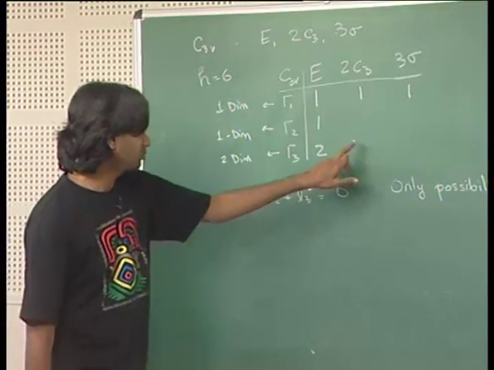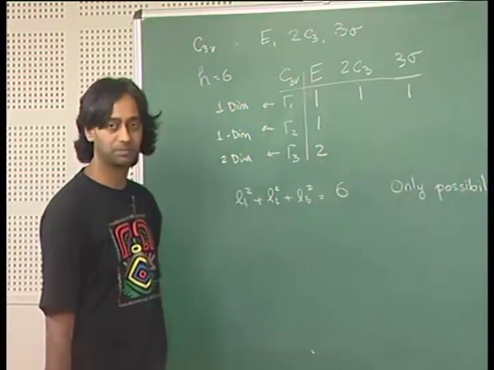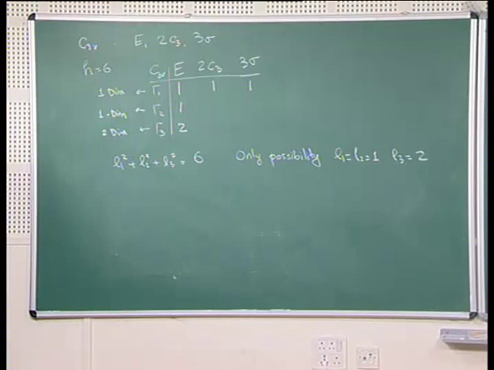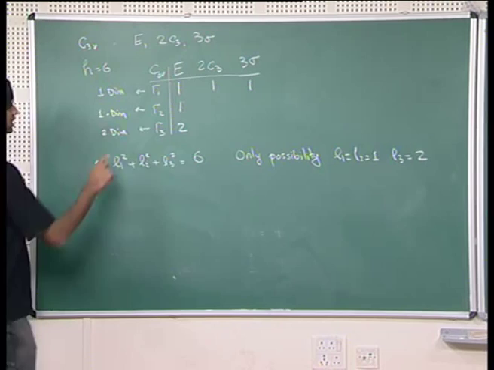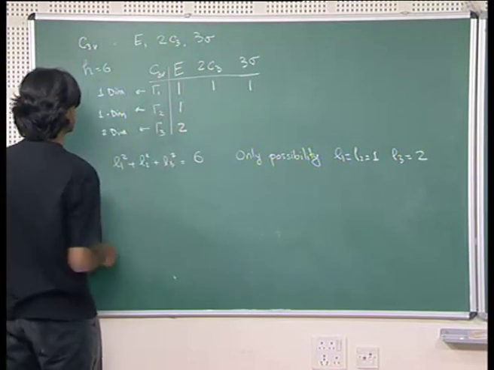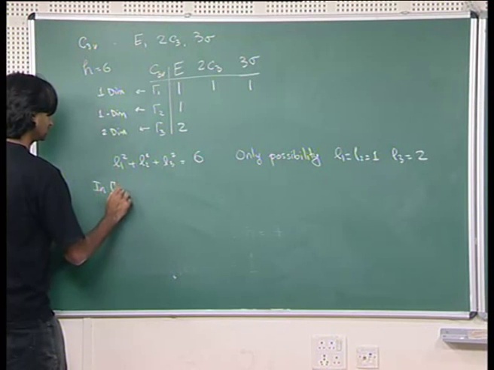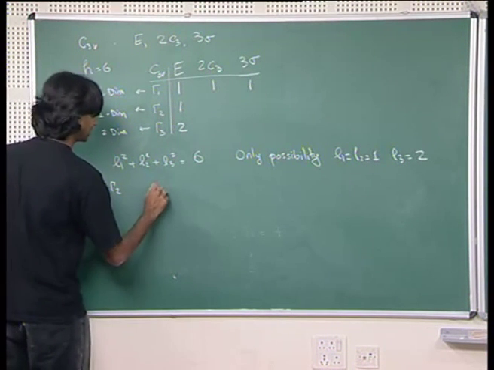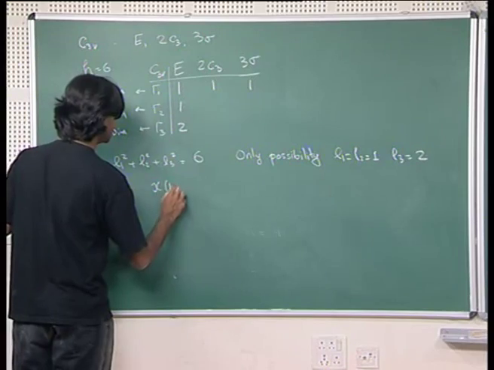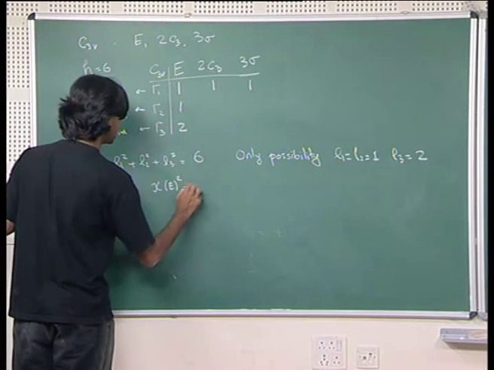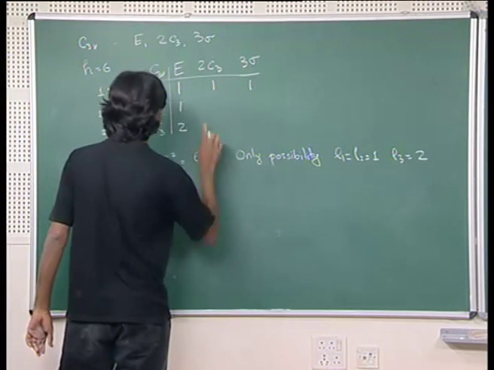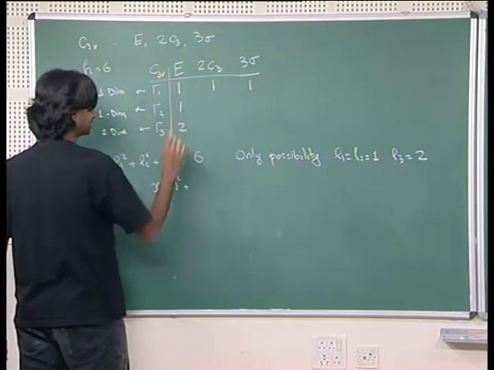Now what you want is two other representations. So, let us try to determine them. Let us look at this representation. For gamma 2, chi of E square plus, now there are two operations in C 3.